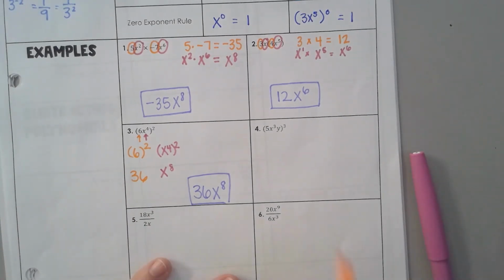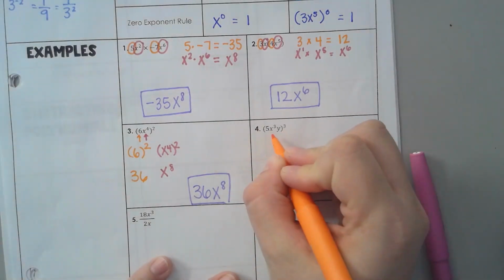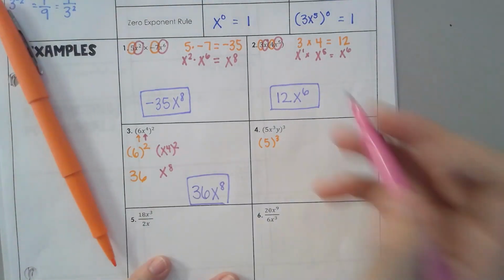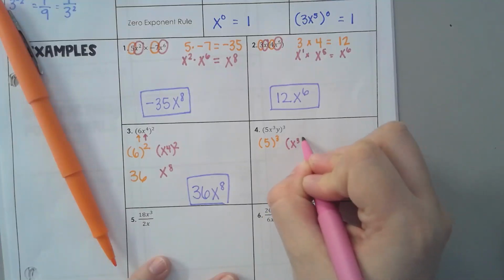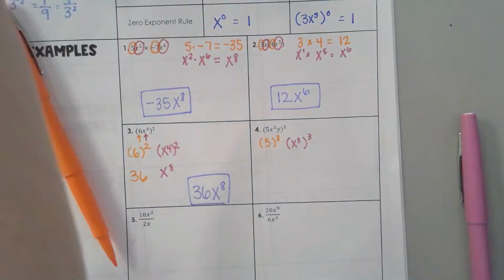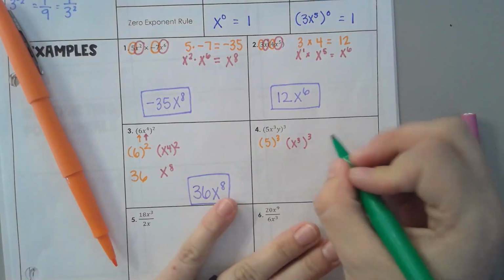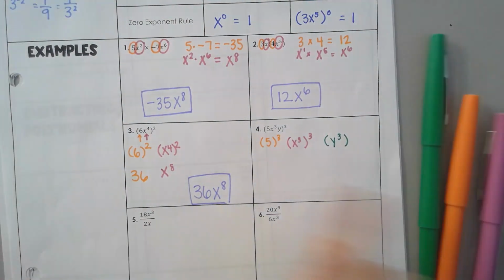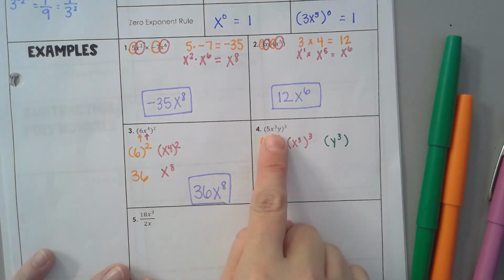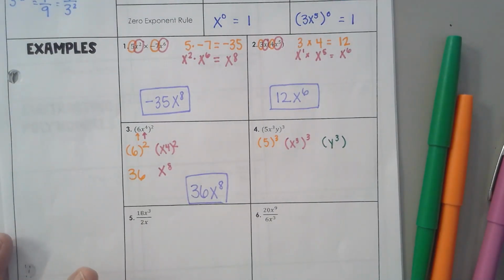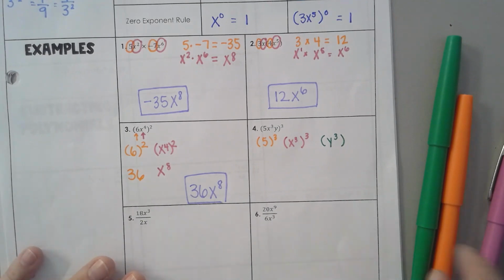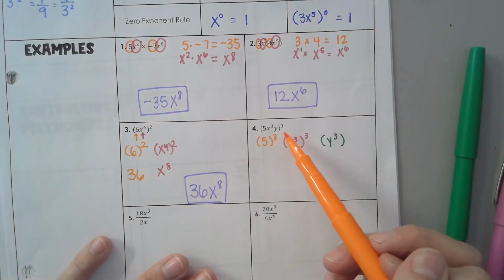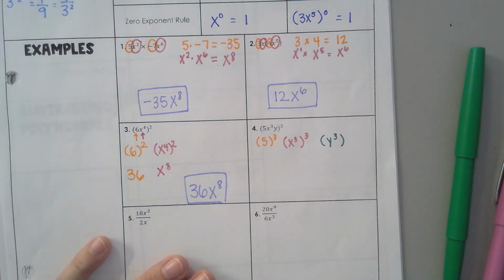Number 4, we're cubing, so we have 5 to the 3rd, x cubed to the 3rd, and y to the 3rd. So each piece is being raised to the 3rd power. What is 5 cubed? 125.